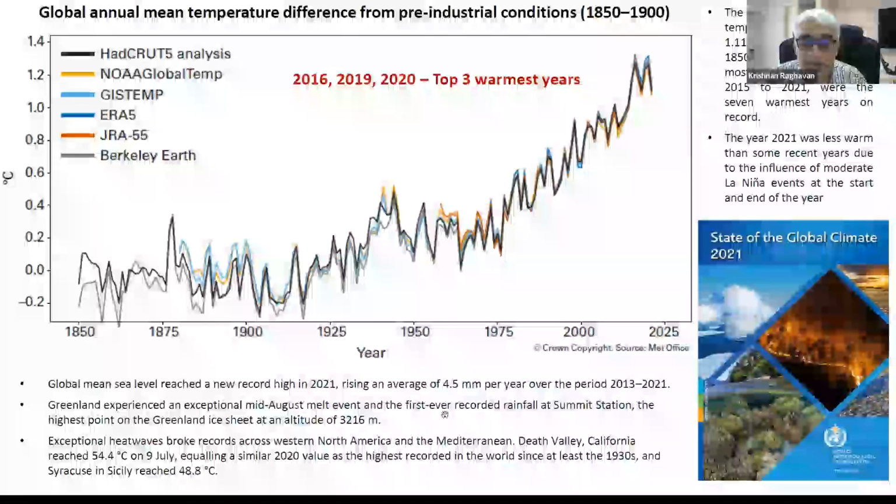In fact, Summit Station in Greenland, at an altitude of about 3,216 meters, experienced rainfall. So we are seeing rainfall on the Greenland ice sheet, and exceptional heat waves in different parts of the world, North America, the Mediterranean, and also parts of Europe. So climate change is a reality.